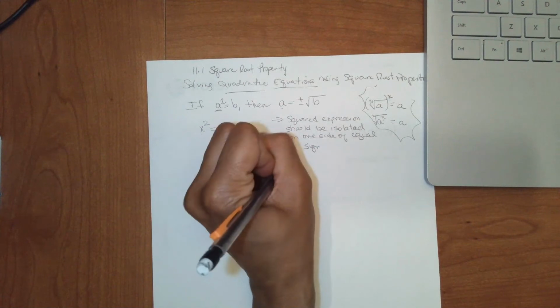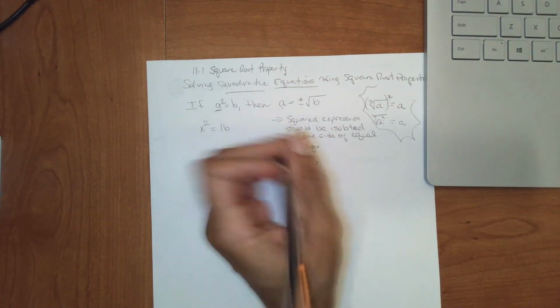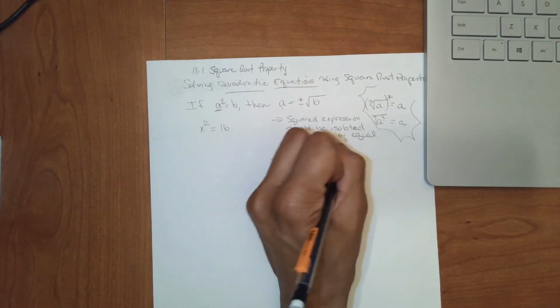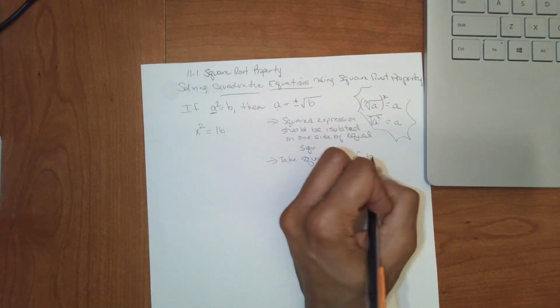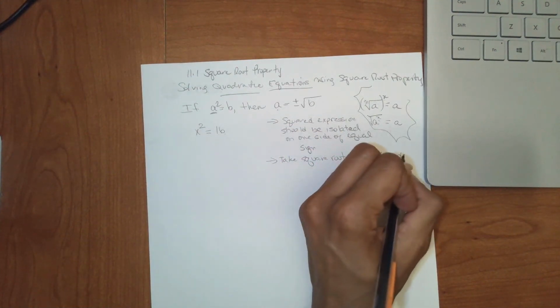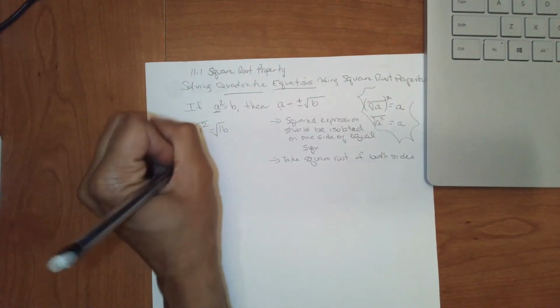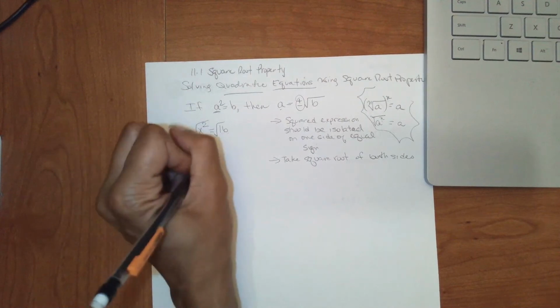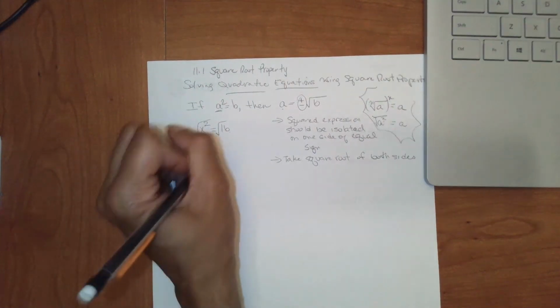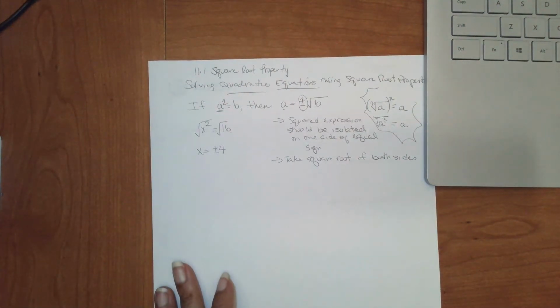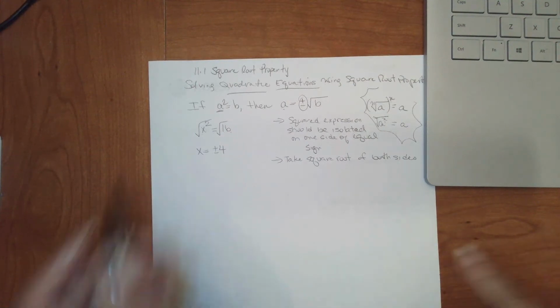Then you should take the square root of both sides. So now I'm going to bring in the square root of both sides. Now when you bring in the square root, you have to remember the rule and bring in the plus or minus. So x is equal to plus or minus positive 4.